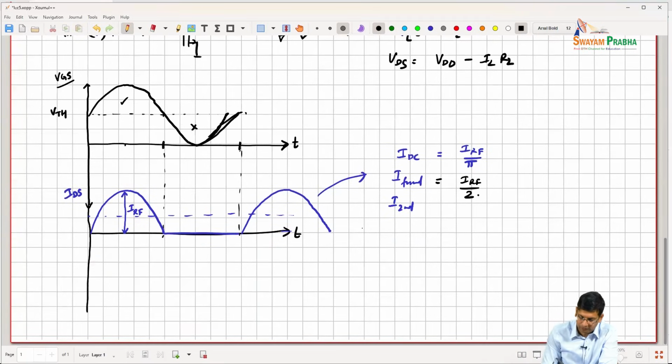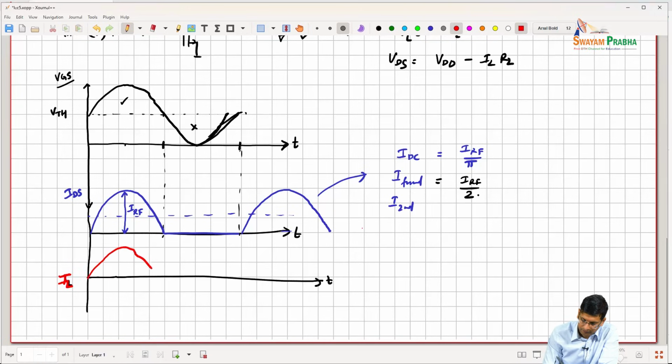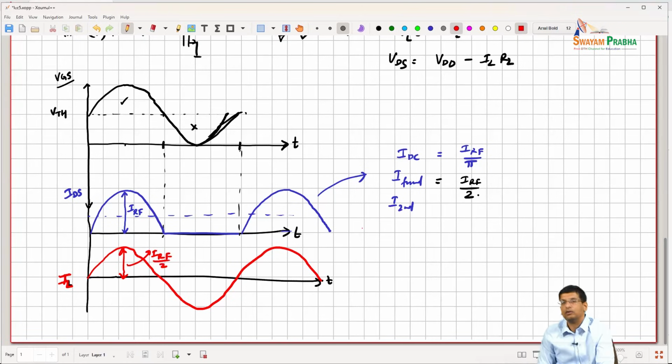So if I were to plot IL, I'm now plotting IL, let's say in red. And IL is going to be a sinusoid at the fundamental, and this magnitude is going to be IRF divided by 2.